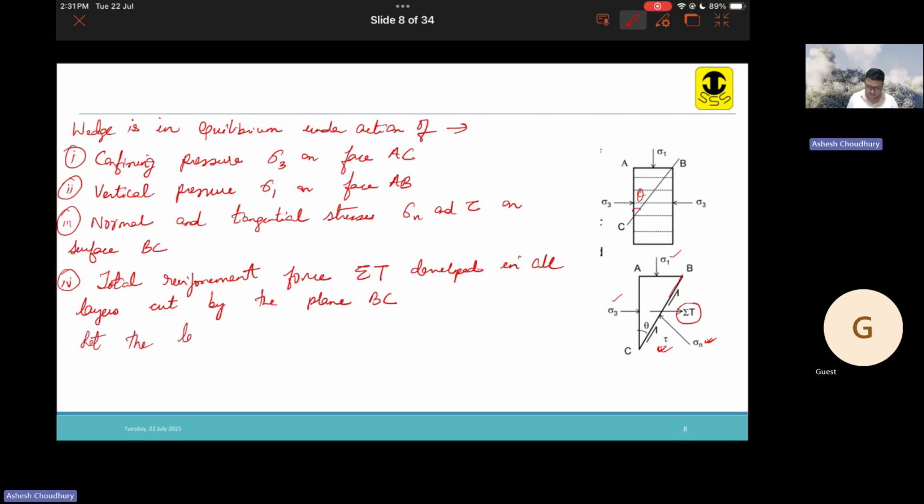Let the length DC be equal to B square. So my AC is what?